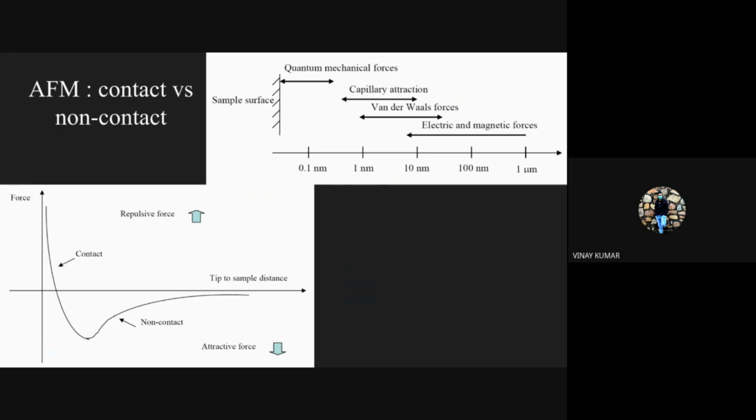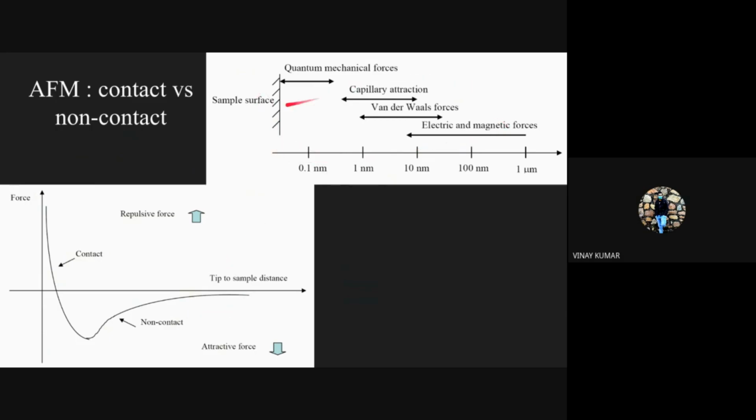In AFM technique, we have contact versus non-contact. As we have seen this graph many times, it's a graph between force and radial distance. In this region the contact AFM works, and in this region the non-contact AFM works. The forces experienced by the tip in contact AFM are repulsive forces, and for non-contact they are attractive forces.